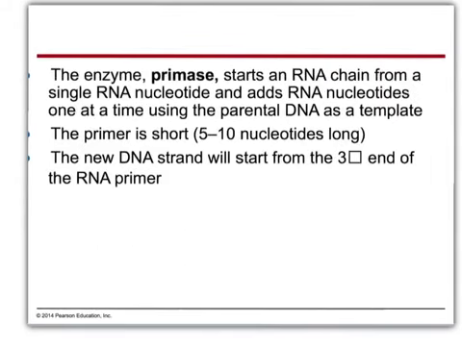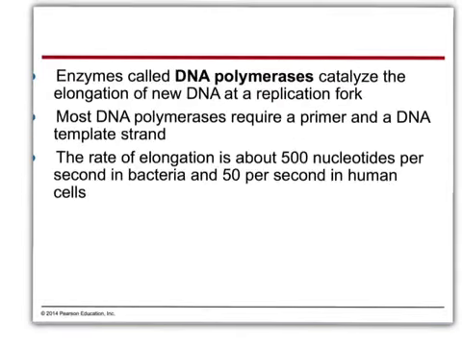That enzyme that puts down that RNA primer is primase. Short, 5 to 10 nucleotides long. Now that sets up that free 3' end of the RNA primer and will allow DNA polymerase to go. There's your DNA polymerase.